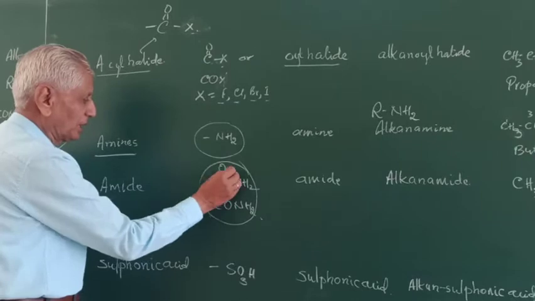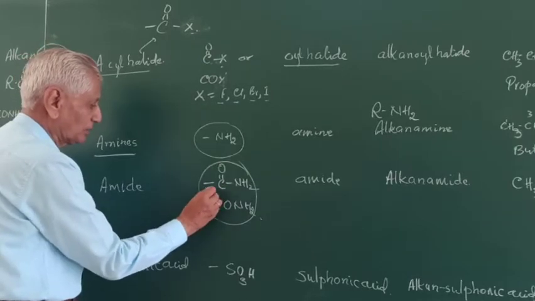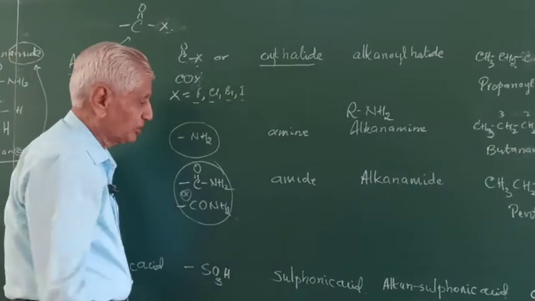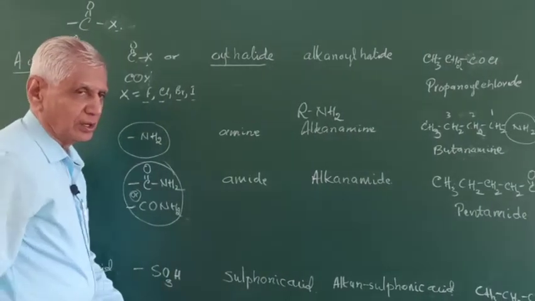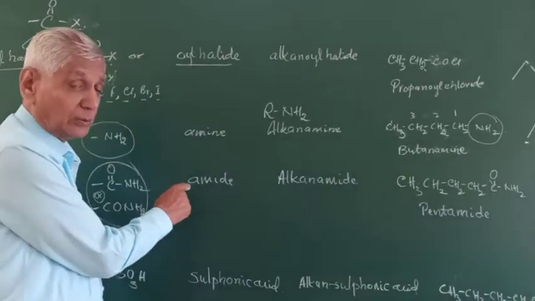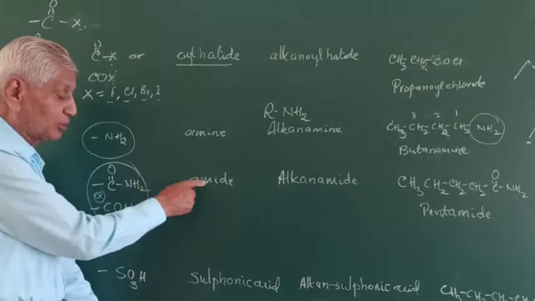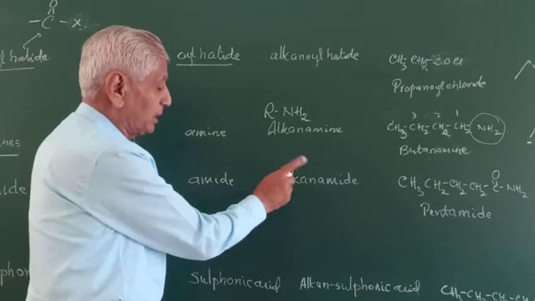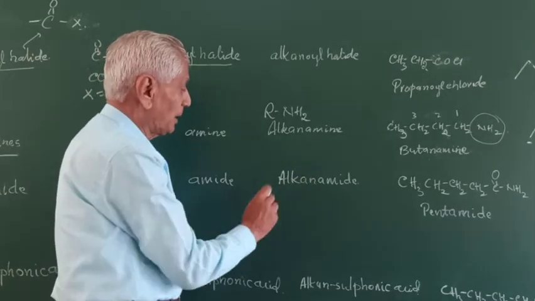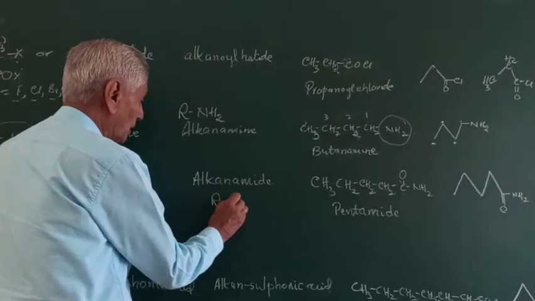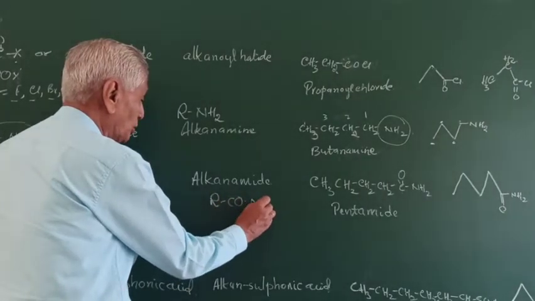It can be written like this or like this. The IUPAC suffix for this compound is amide. Now the name of the compound is alkane amide. What is the pattern? Can you tell me? Alkane amide, RCONH2.